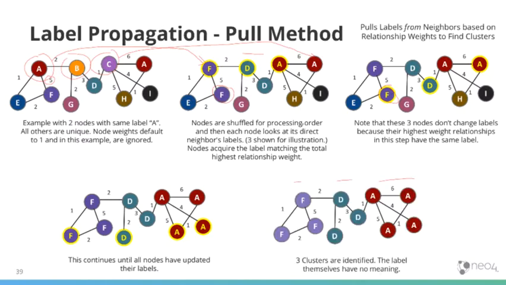In contrast to other algorithms, label propagation can return different community structures when run multiple times on the same graph. This is because, one, the order in which label propagation evaluates nodes can influence the final community structure, and we saw at the beginning that nodes are shuffled and then processed. Shuffling a second, a fourth, an eighth time, you might have a different start process.